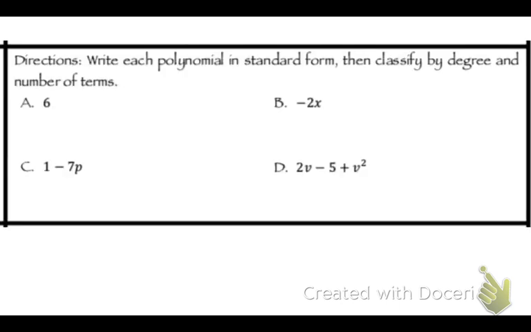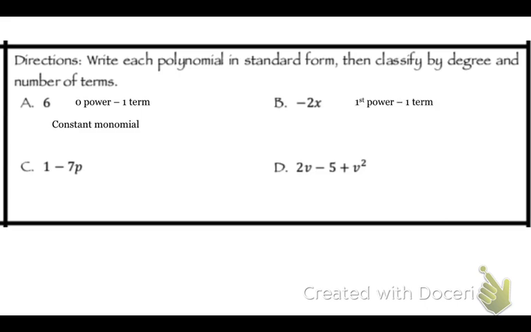Okay? So we have to write each of these in standard form and then classify the degree. I am just going to be upfront with you. I forgot to write these in standard form, so learn from my mistake when we get through these. 6, that's a 0 power, and there's 1 term. So that's a constant monomial. Okay?